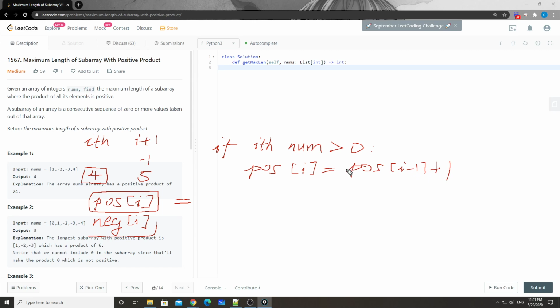That's pretty straightforward, because the current one is positive, so we can just add 1 to the previous positive ending length.